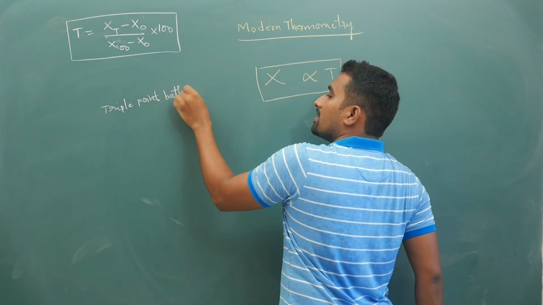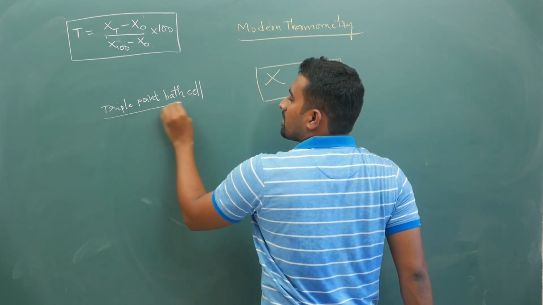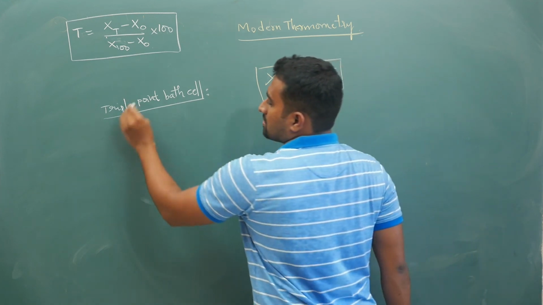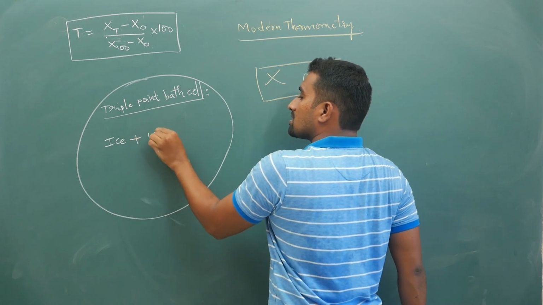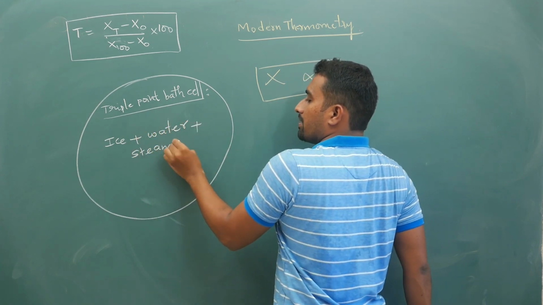This you will study in chemistry in detail, but for the physics part, how much alone is required, that much only I list and then I leave. It is a cell in which you have ice plus water plus steam existing in equilibrium.